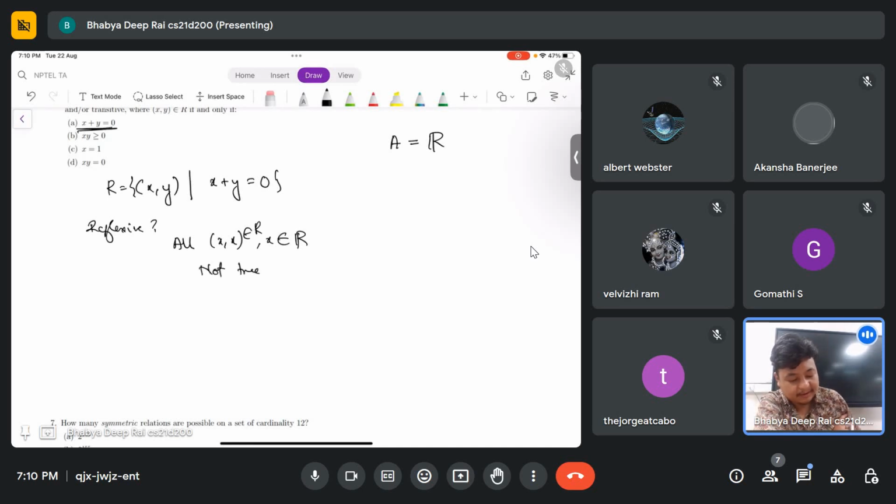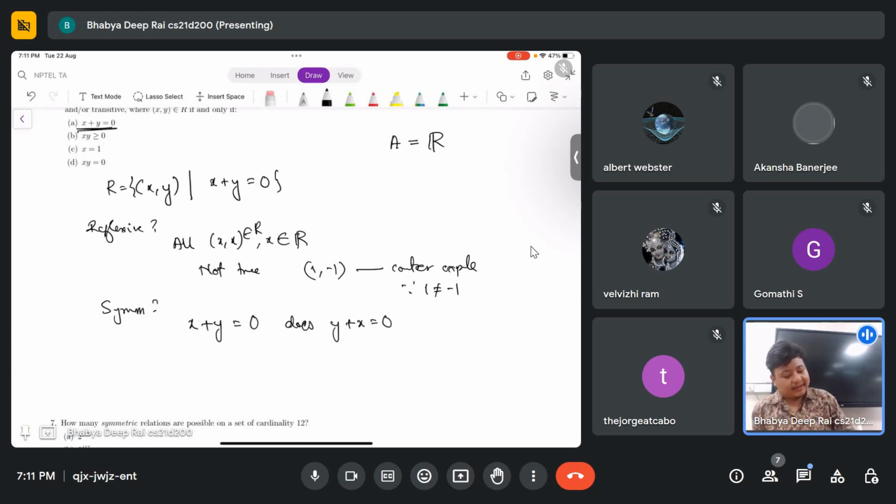It's not reflexive because 1 comma minus 1 is a counterexample, since 1 is not equal to minus 1. Symmetric, let's see. Symmetric says if x plus y is equal to 0, does y plus x equal 0? Yes. So it is symmetric.